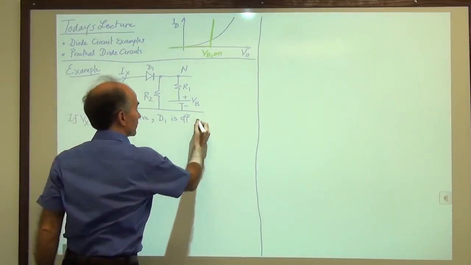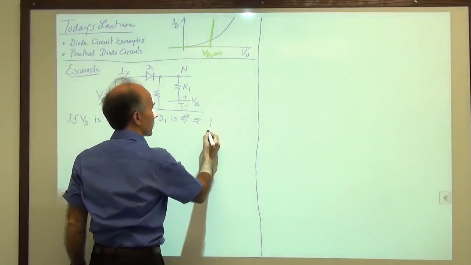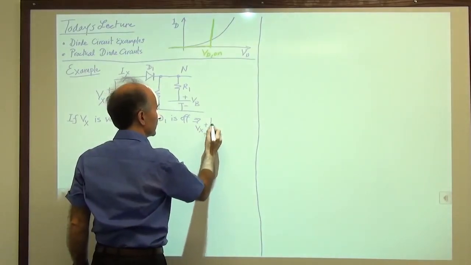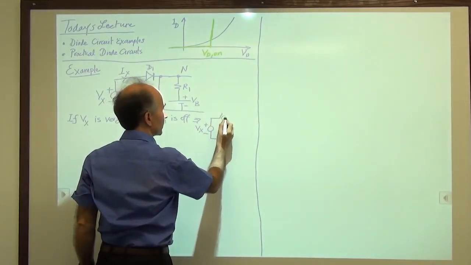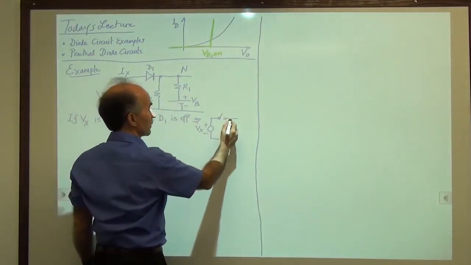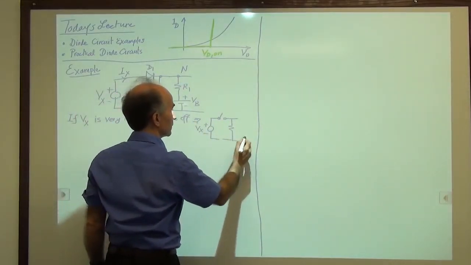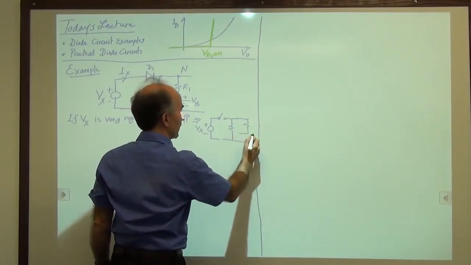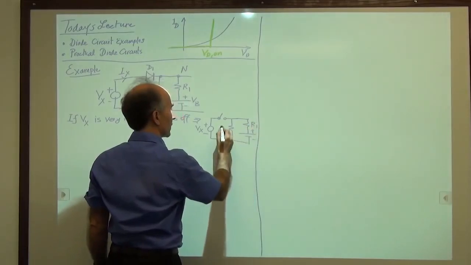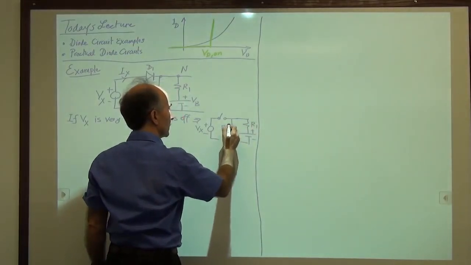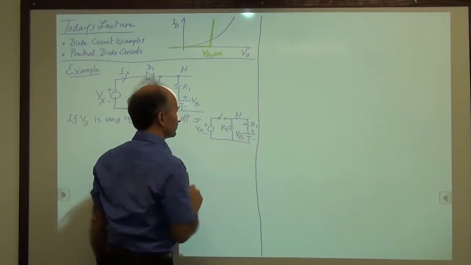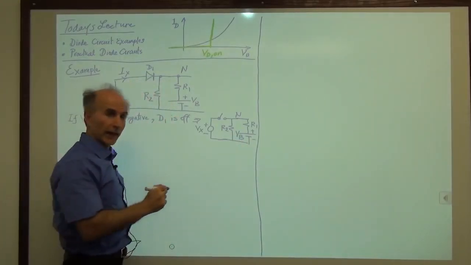So the circuit now reduces to one voltage source, Vx, a diode that is off, so an open circuit, and then everything else is there. So we have R2, R1, and the battery. So we have the battery, R1, R2, node N, and then VB for the battery. That's what we have presently.